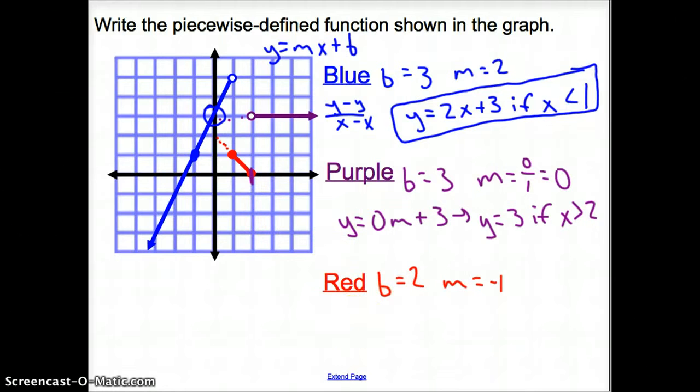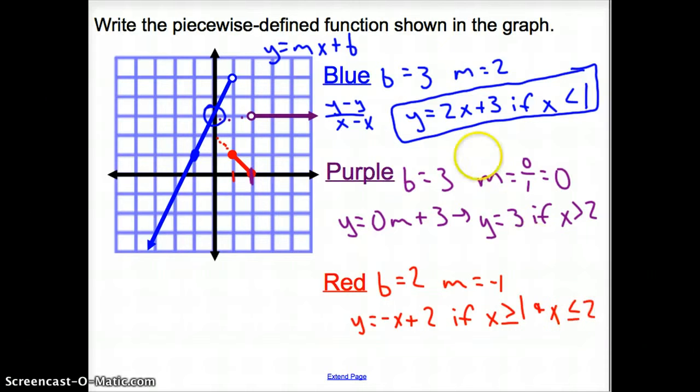Plugging it in, we have y equals negative x plus 2. And what is our domain? If x is what? Bigger than, here's 1. If x is greater than or equal to 1, and x is less than or equal to 2.